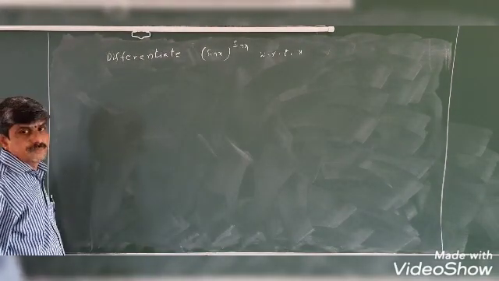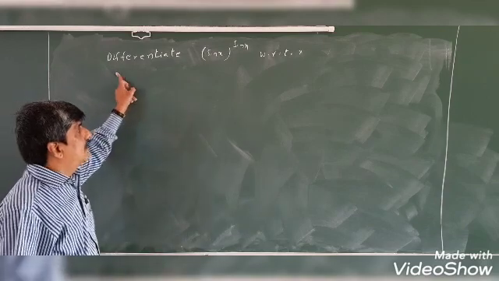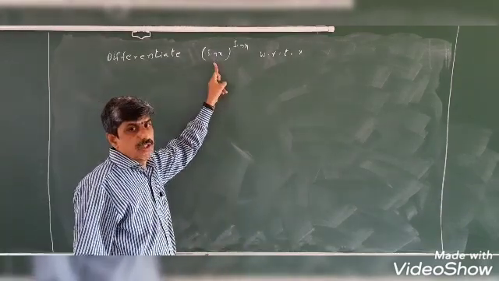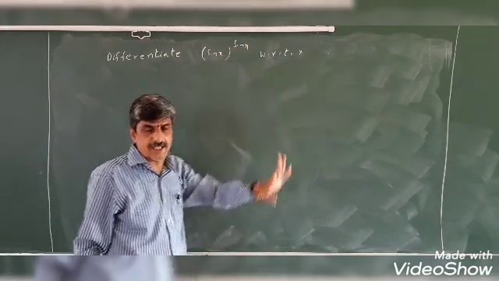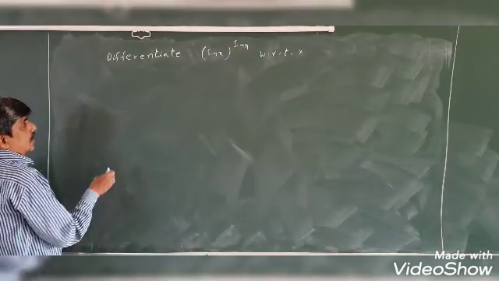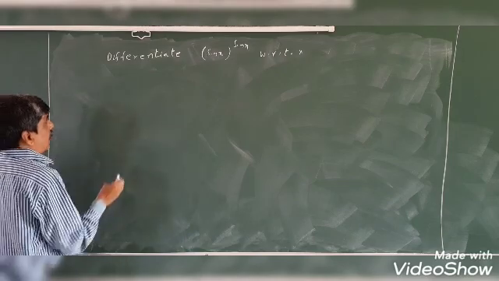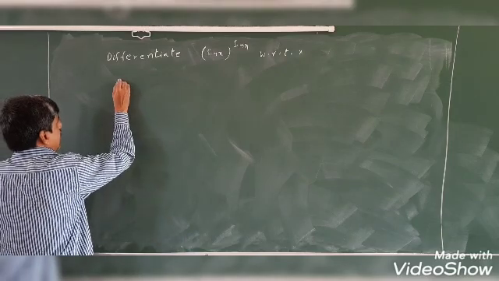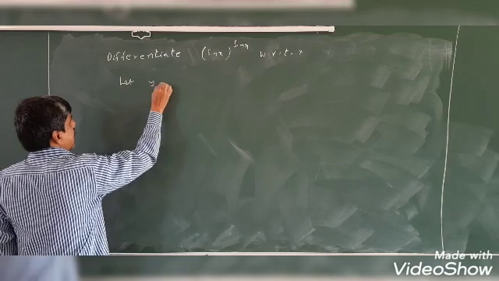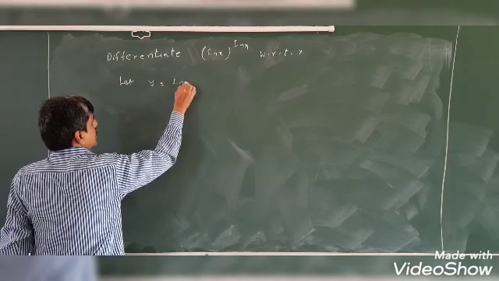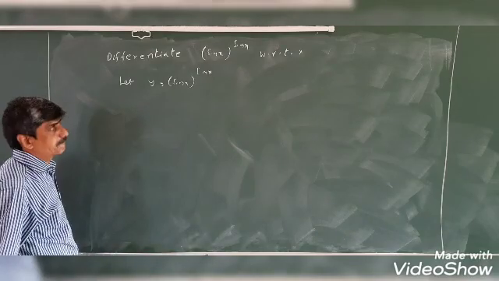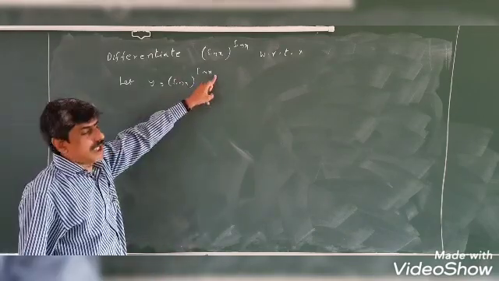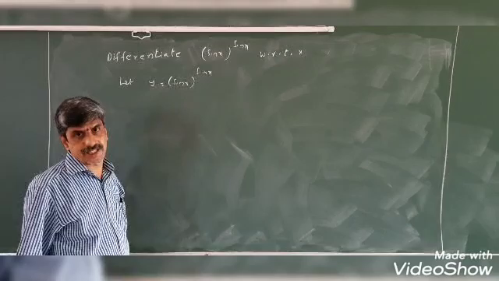Next numerical. Differentiate sin x to the power of sin x with respect to x. So to differentiate, let y is equal to sin x power sin x. Base and power are both variable in x.